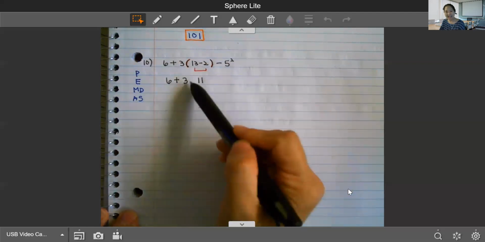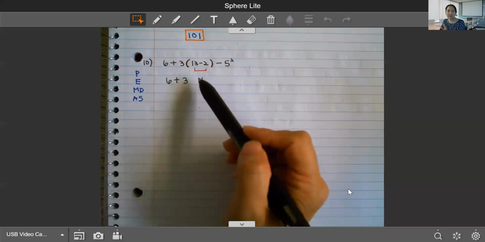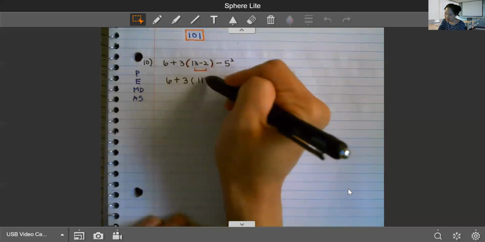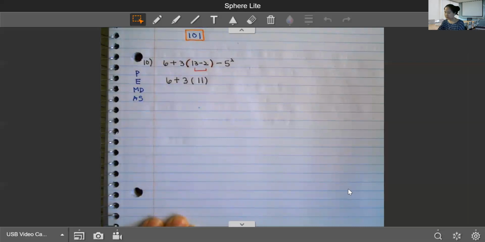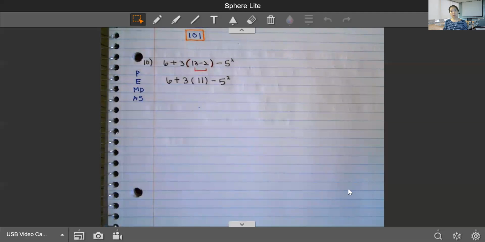It doesn't say whether it's adding, subtracting, multiplying, or dividing, okay? So I'm actually going to keep those parentheses and talk about it after I copy down the problem. So parentheses, 11 minus 5 to the second power.